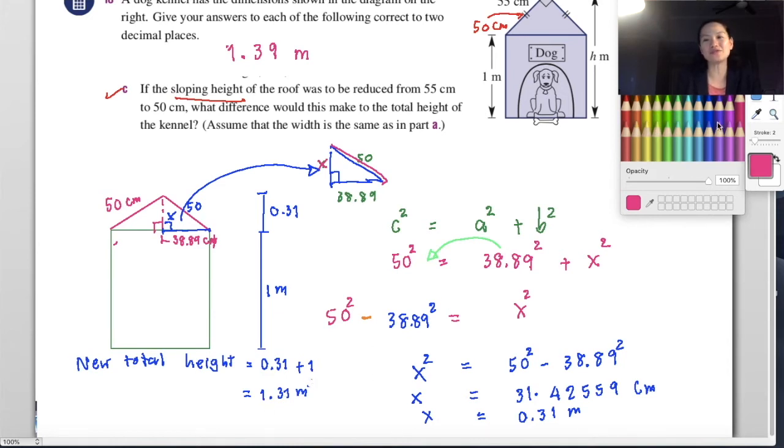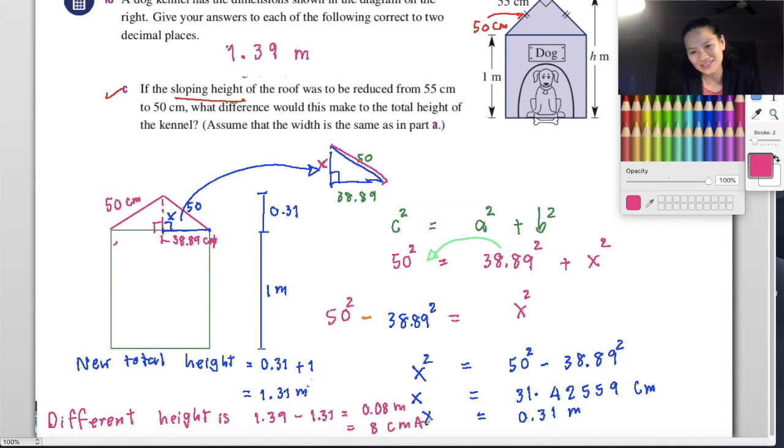So if you want to find the difference, write down here very quick. So the difference in height is the old one, 1.39 minus 1.31, so it's equal to 0.08 meter, and if you multiply with 100, it's going to be 8 centimeter, and this is your answer.